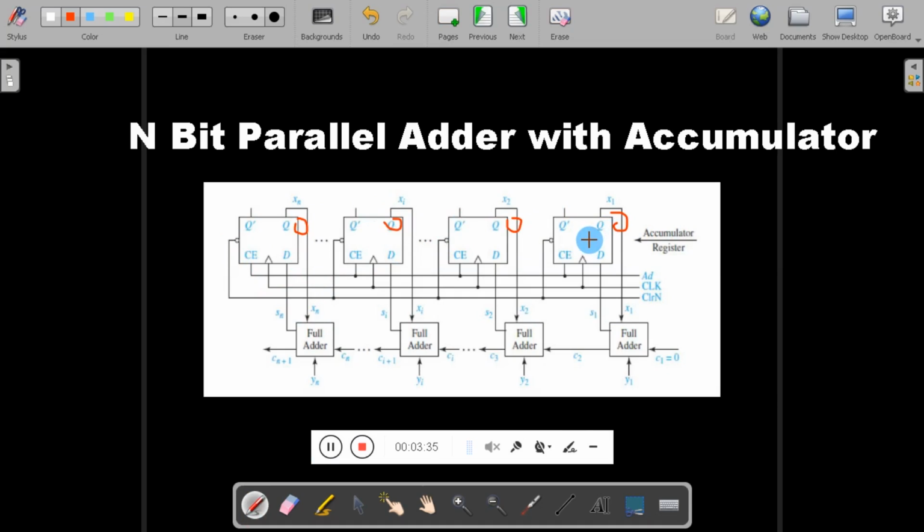So that 0 number will be added by the full adder with another number, and finally the result is stored in the accumulator when the add signal is enabled. In this way, an n-bit parallel adder is constructed with the accumulator.